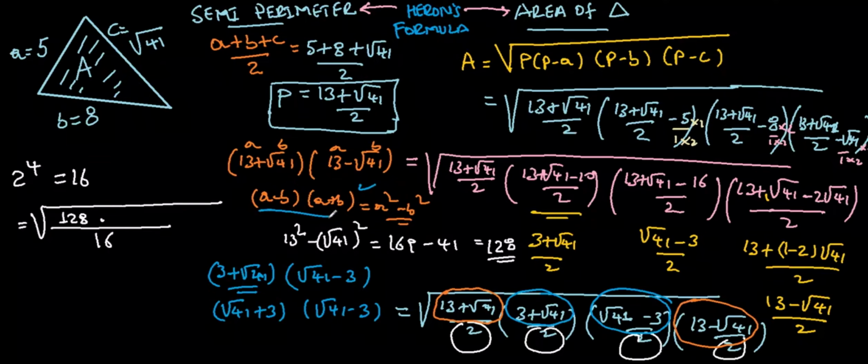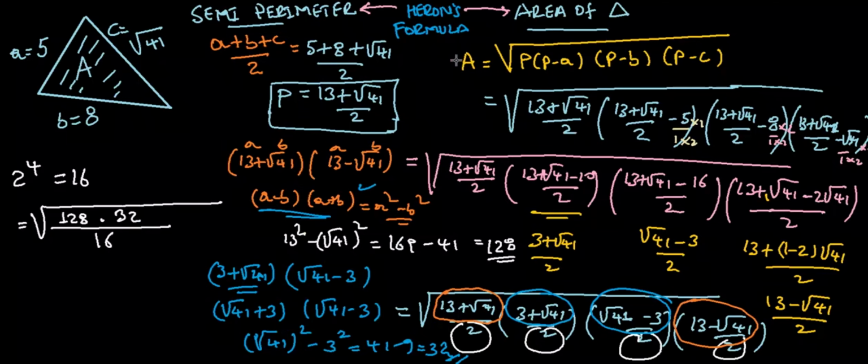You have to use the same short multiplication formula. So it will be the square root of 41, the whole square, minus 3 square. It will be 41 minus 9. Then how much will it be? 11 minus 9, 2, and 3, it is 32. Then this one will be 32.